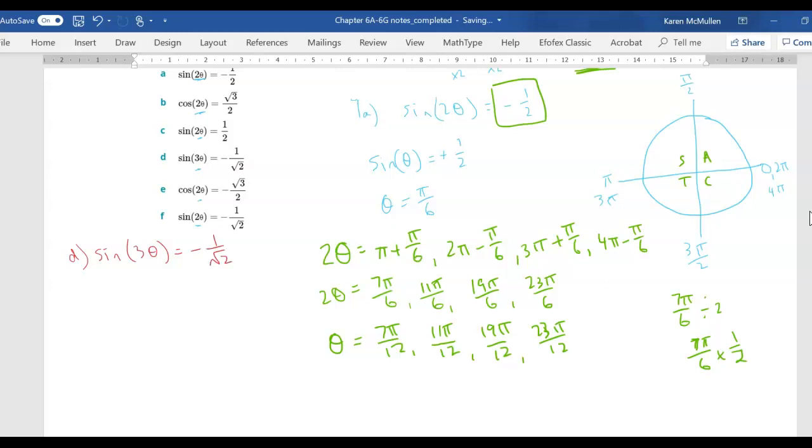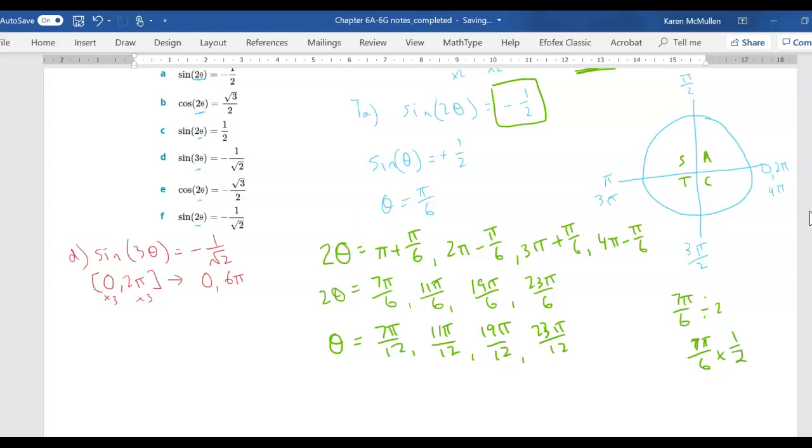Okay, so our domain, remember, was 0 to 2 pi. Doesn't change. We're just adapting it to find our solutions. So we multiply this by whatever the coefficient is, so 3 times 3. So we're going from 0 times 3 is 0, that's why I already had the 0 in, and 2 pi times 3 is 6 pi.